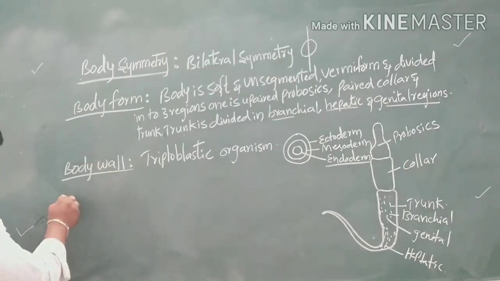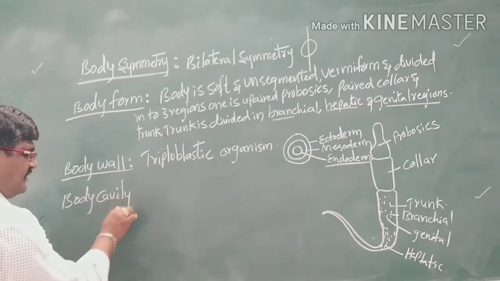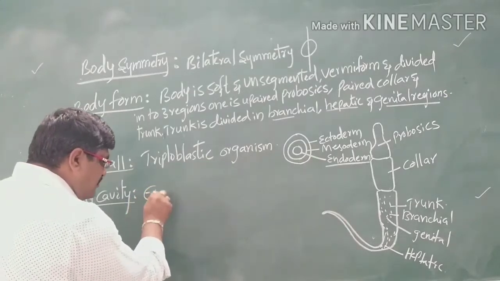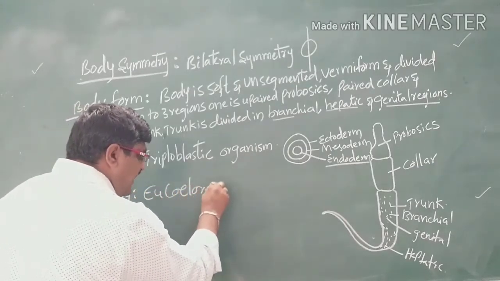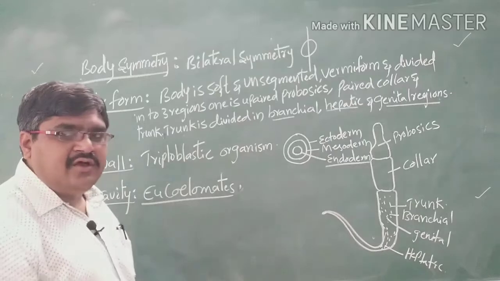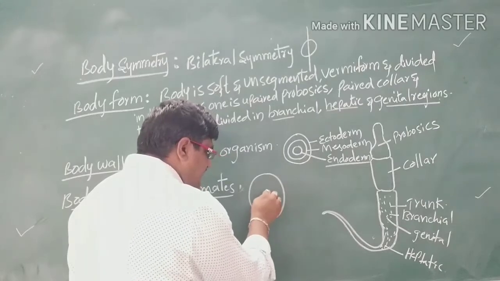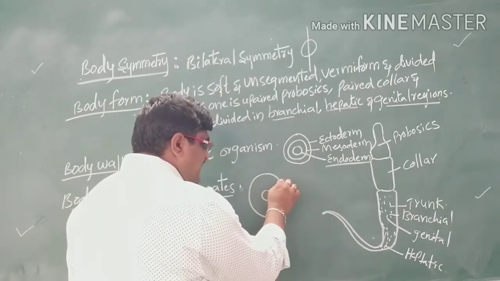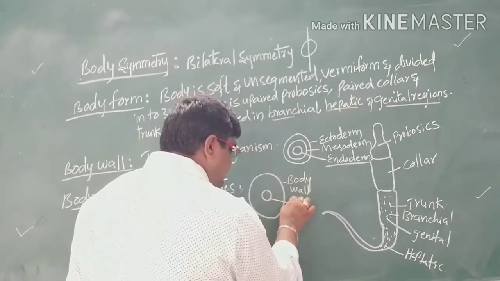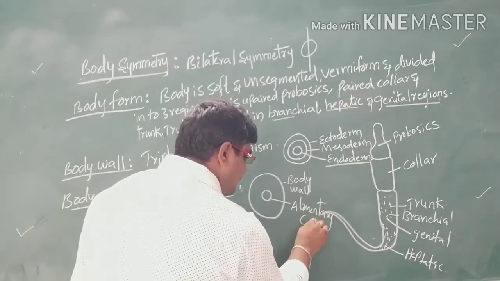Next, coming to the body cavity. Here the body cavity shows that these are eucoelomates. Eucoelomates means having a true body cavity. For example, this is the body wall, and this is the alimentary canal.